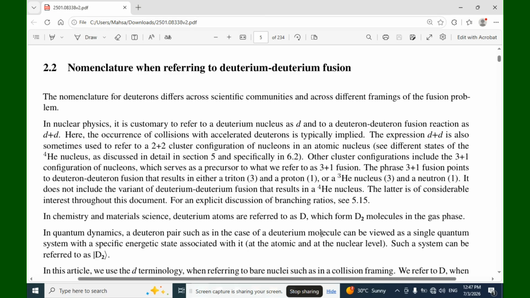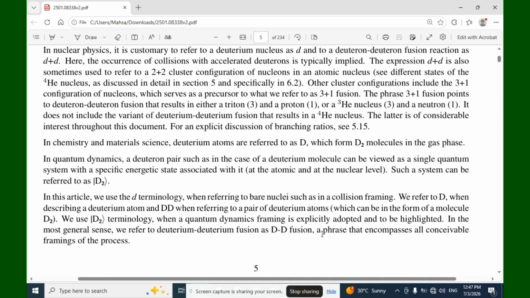The various 3 plus 1 fusion points to deuterium fusion that results in either a triton (3) and a proton (1), or a helium-3 nucleus (3) and a neutron (1). It doesn't include the variant of deuterium-deuterium fusion that results in a helium-4 nucleus. The latter is of considerable interest throughout this document. For an explicit discussion of branching ratios, see 5.15.